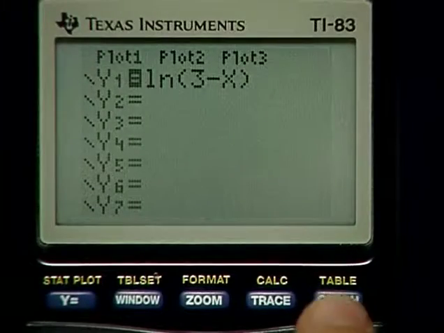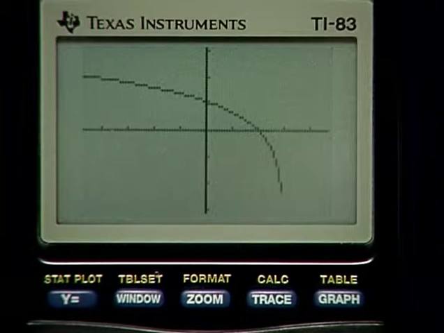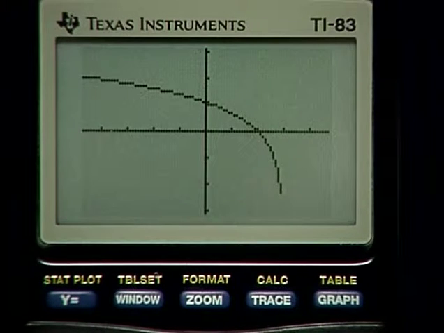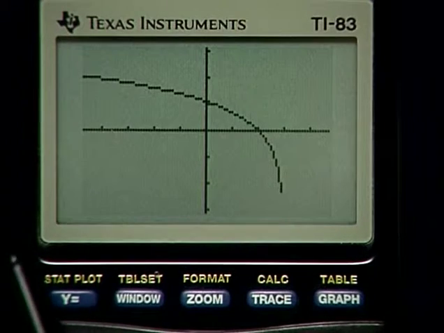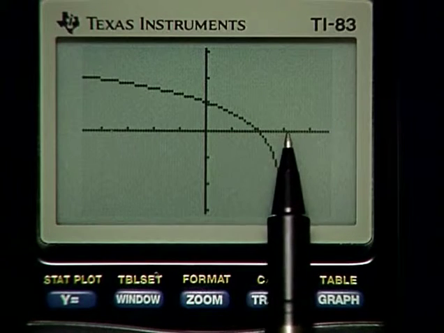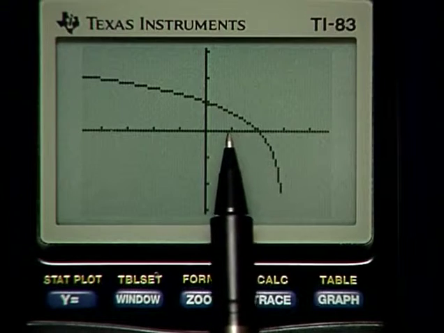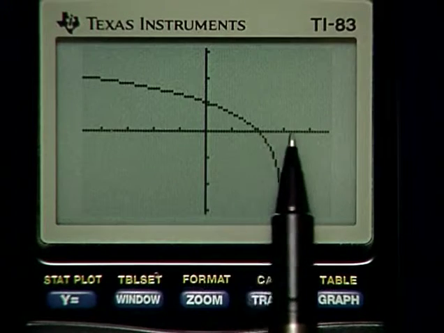Here's our function, and the graph has the expected kind of behavior. Now to verify the calculated domain of x being less than 3, we can see it from looking at the calculator display here. Here's a tick mark at 1 and then 2 and here's 3. It appears that the graph makes its appearance on the coordinate plane for x values less than 3.